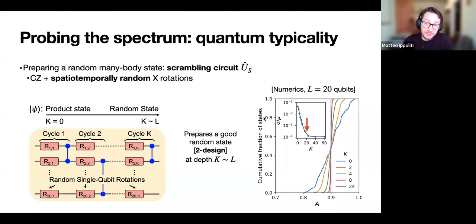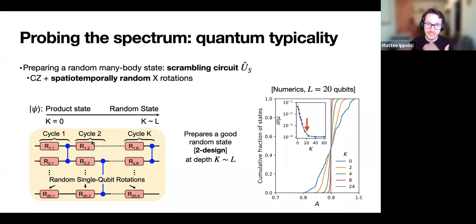Okay, so the way we can prepare such a random state in this experimental platform is by running a state preparation circuit before our time periodic Floquet sequence that I described earlier. We do so by running a circuit with the same architecture, the same array of controlled Z gates and single qubit rotations, except we make the single qubit rotations spatiotemporally random.